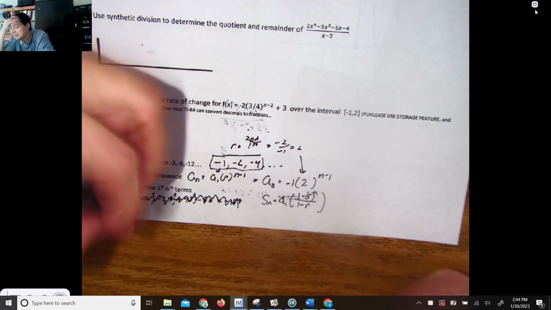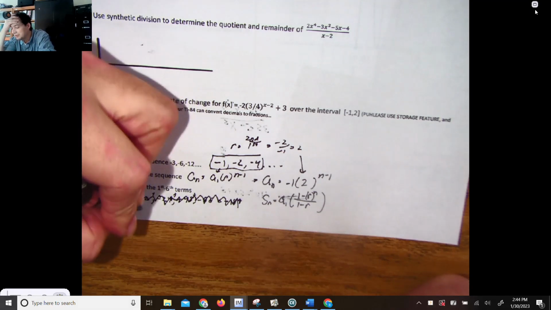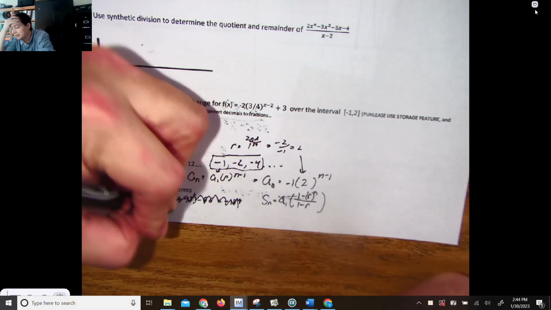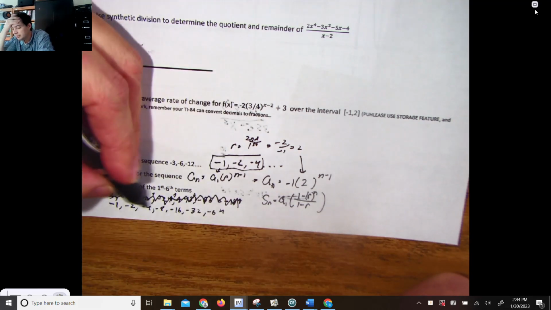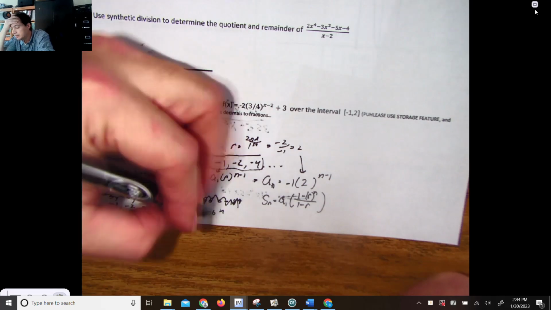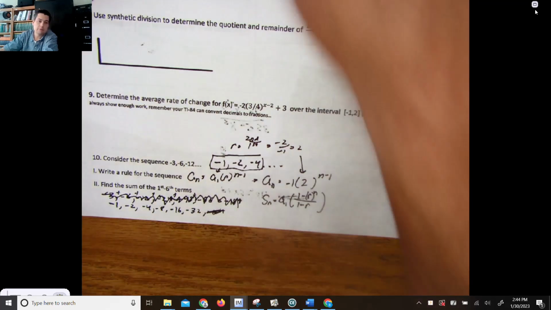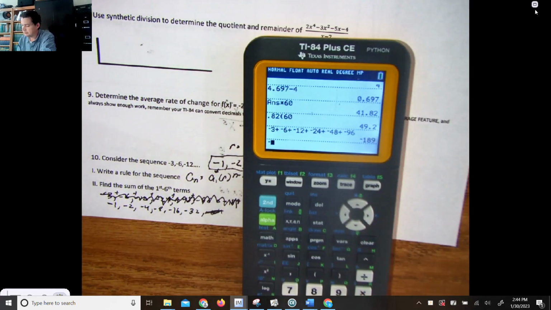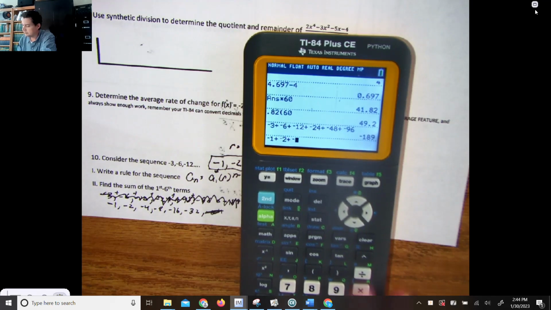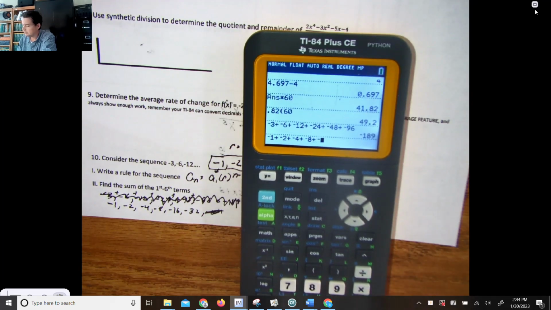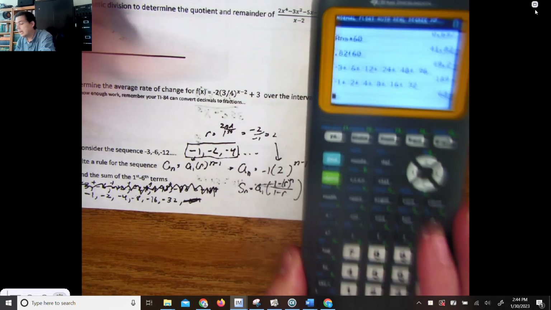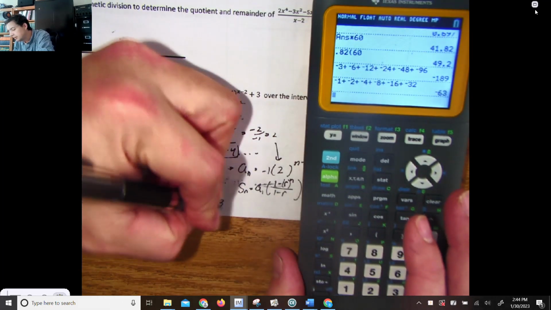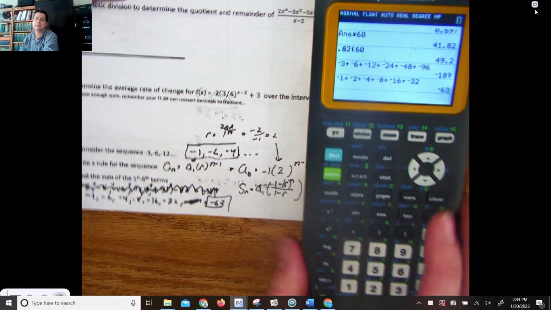Those were my numbers. -1, -2, -4, -8, -16, -32, -64. 3, 4, 5, 6. Didn't need that guy. Sorry. I usually make mistakes when I'm in a hurry. I should get -63. That's the sum of the first 6 terms.